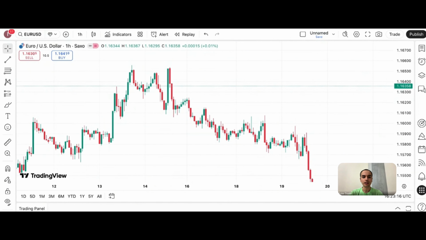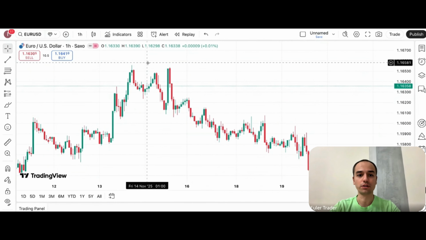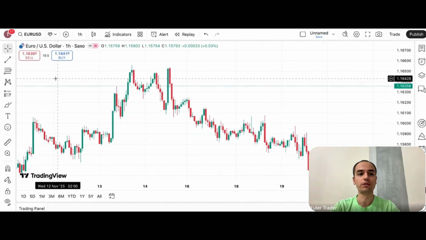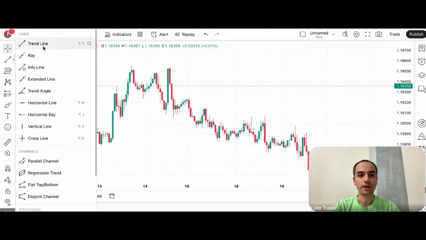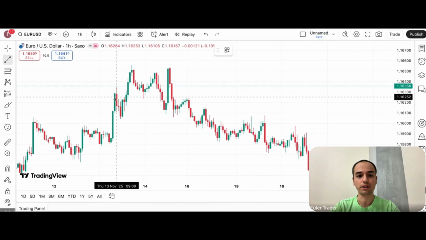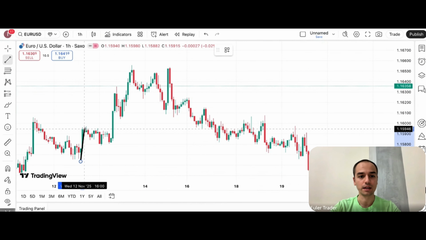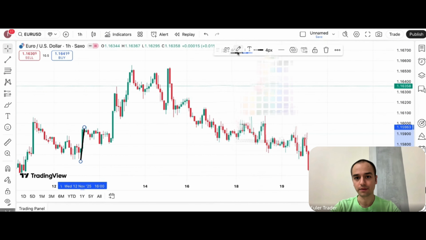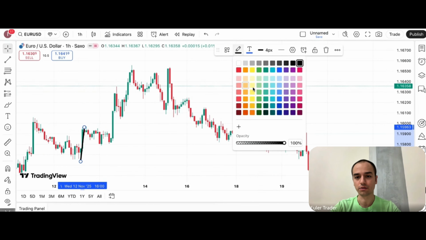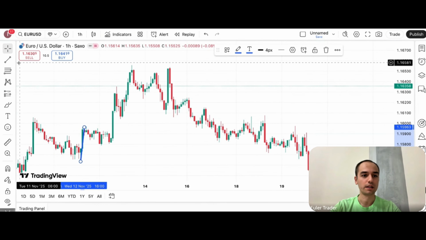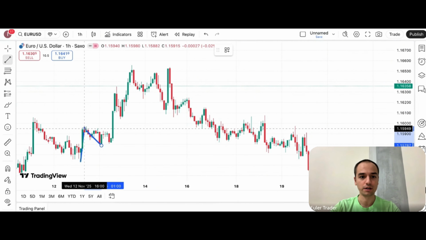So as usual, what we're doing is we are defining our trend. So for example, here what we had is an uptrend. Just change the color. So let's say we have an uptrend here.